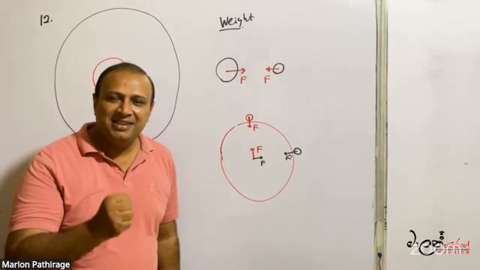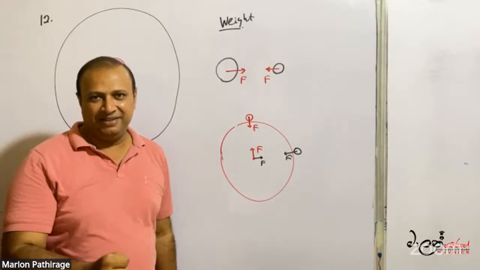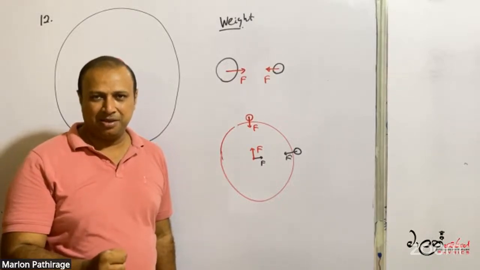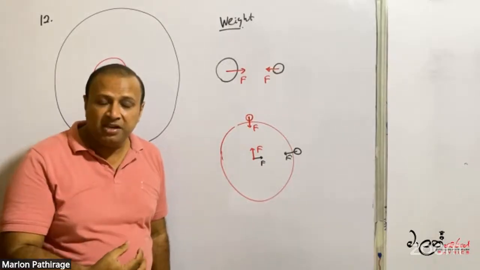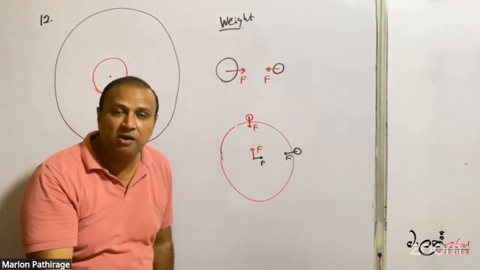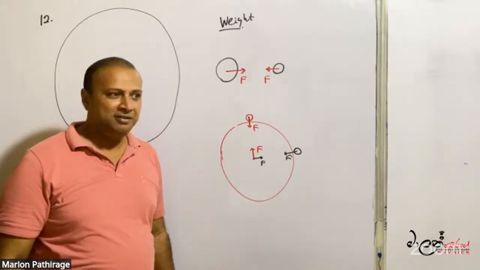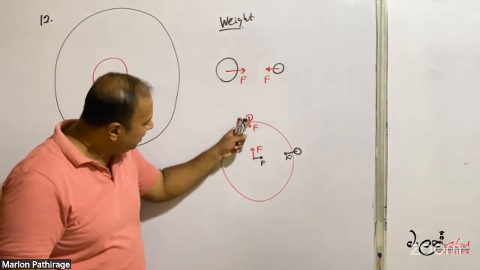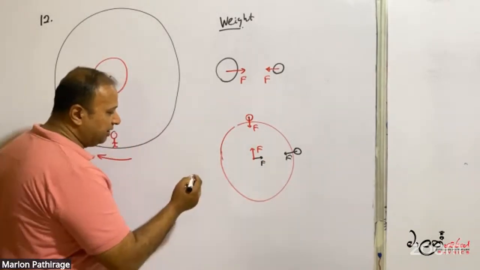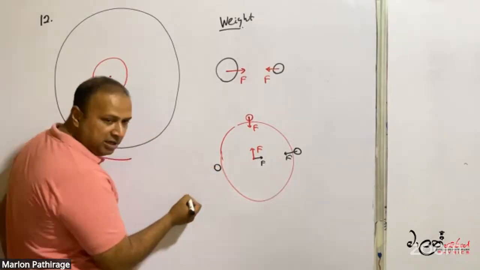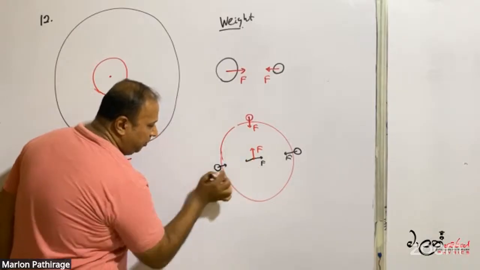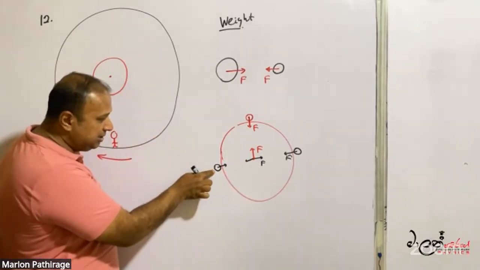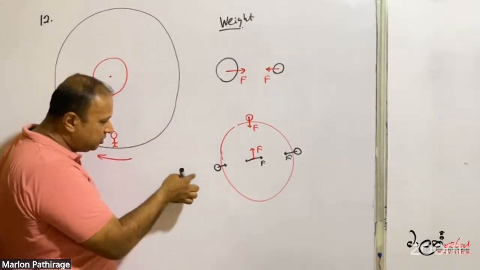That is the reason we sense our weight is always in the downward direction. Because this is our downward direction. If we stay here, our downward direction is here, because this is the surface of the earth and this is the sky.